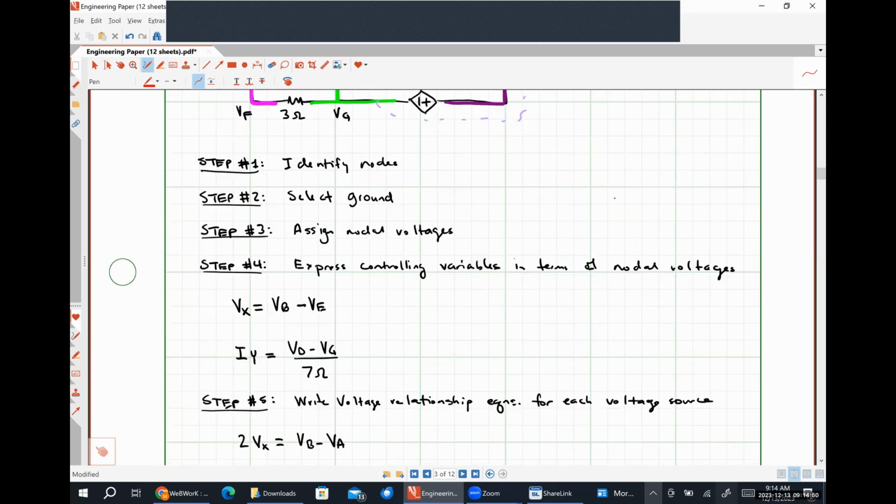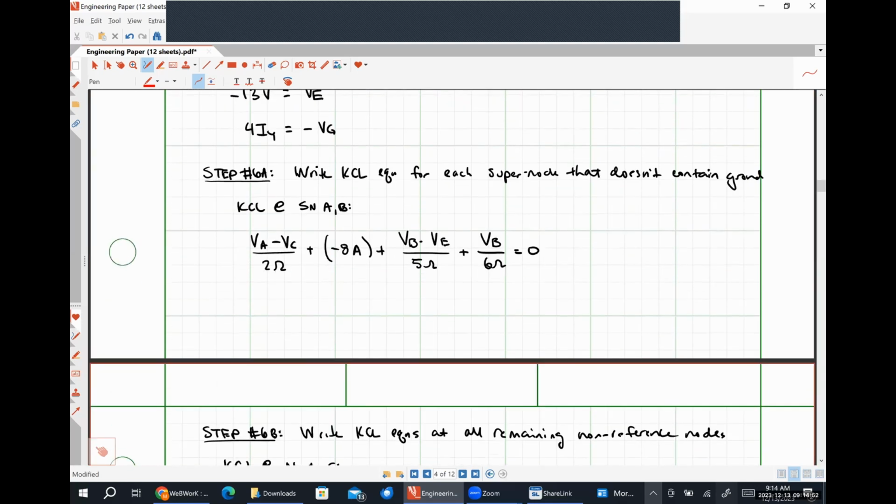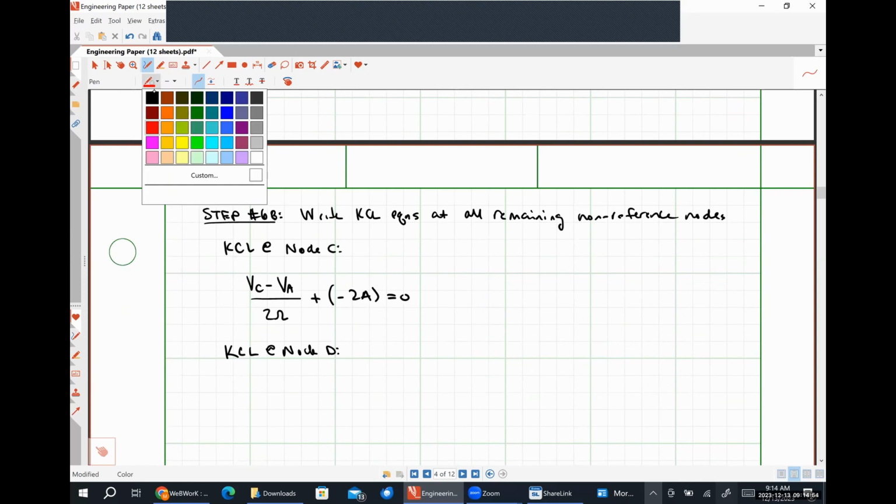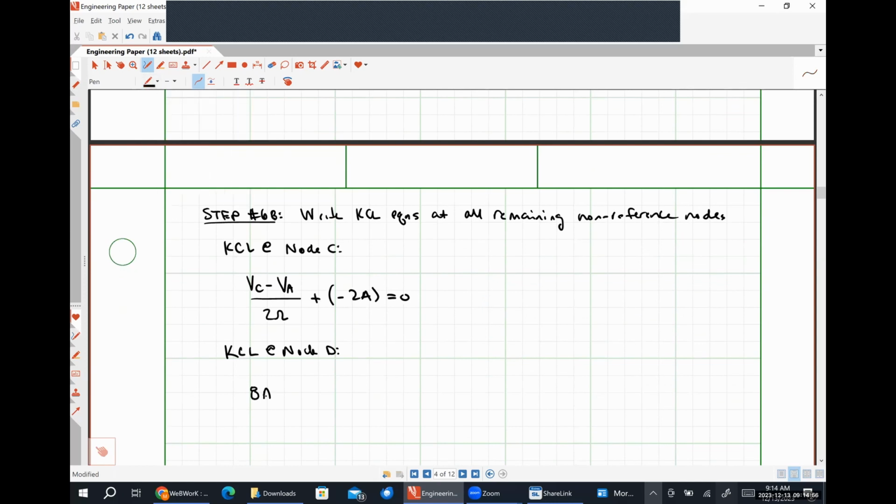All right, so 8, VD minus VE over 4, VD minus VG over 7. If I make a mistake here because I'm trying to remember what all three terms are before I write it down, please correct me.